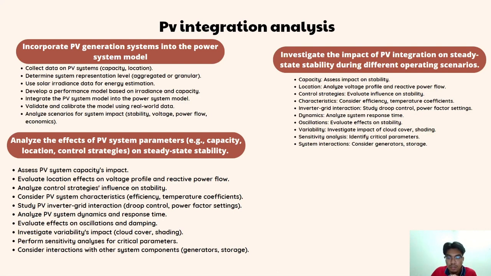A model for PV system performance based on irradiance and capacity is developed and integrated into the power system model. The model is validated and calibrated using real-world data, and various scenarios are analyzed to assess the impact on system stability, voltage profile, power flow, and economics.